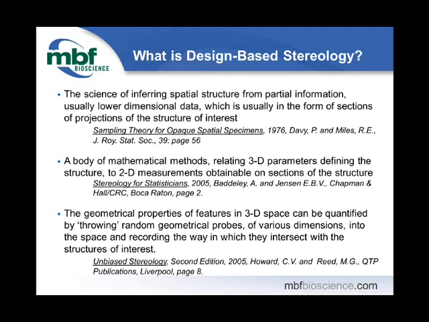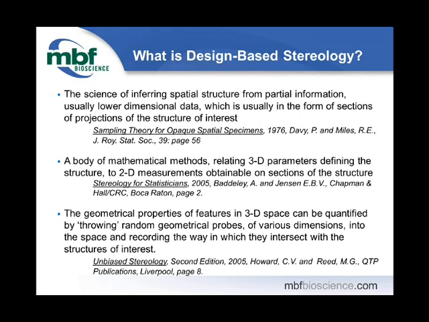You can throw down virtual lines onto the tissue and record how many times those lines intersect with the surface area you're trying to measure. There's a formula for that, and the gut instinct behind the formula is that the more intersections you get, the more surface area there is.